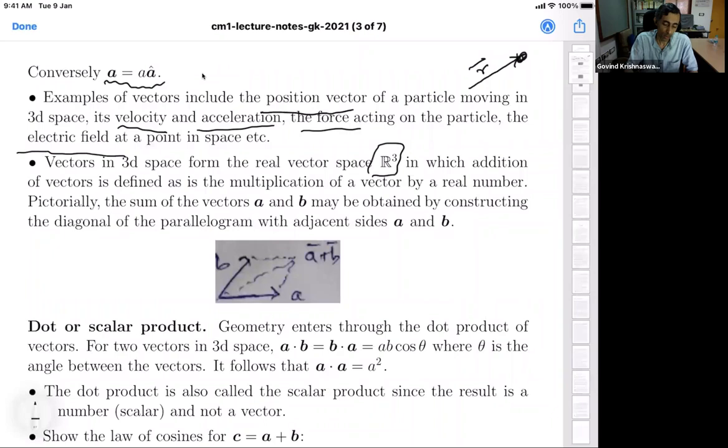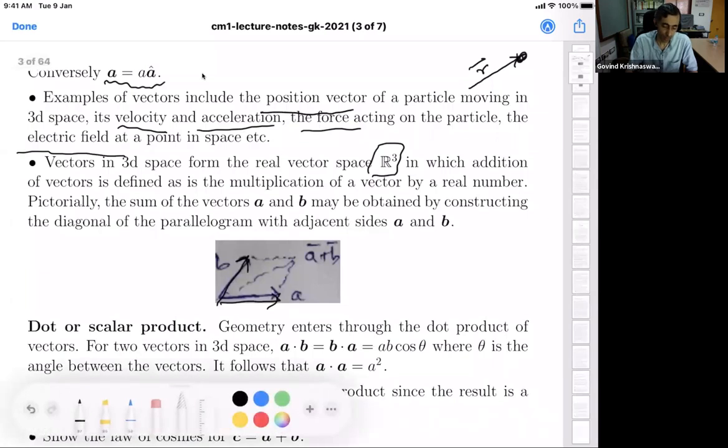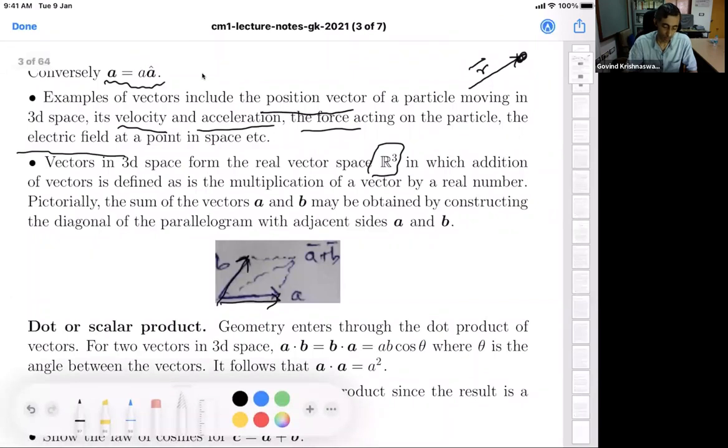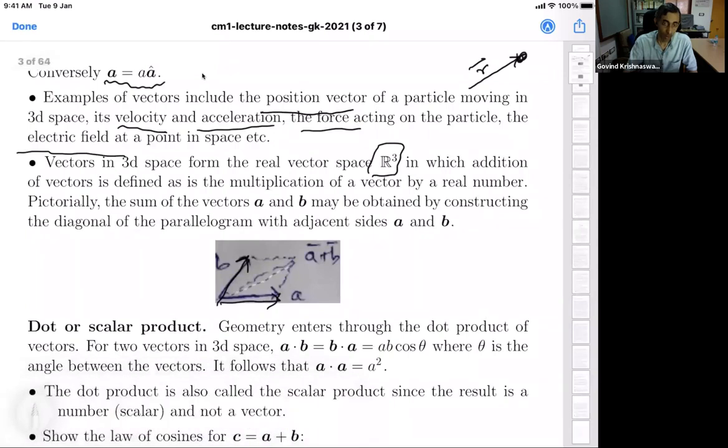How is that done? Well, you take vector A, indicated here, and vector B. They both have a common origin. And the rule is to form a parallelogram with these 2 as adjacent sides. So the dotted line shows you this parallelogram, and the two sides are here, and you are supposed to form the diagonal, and the diagonal is the sum of the two vectors.